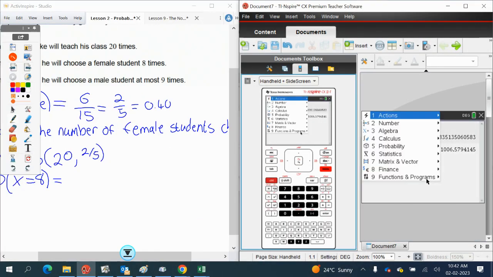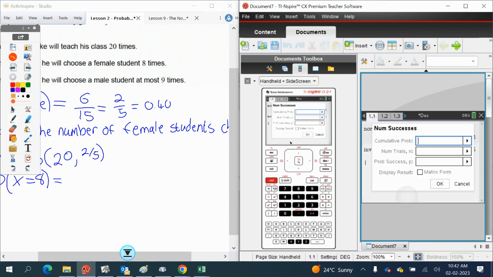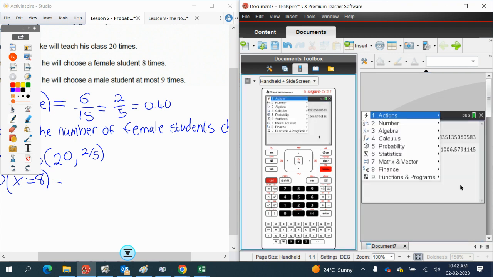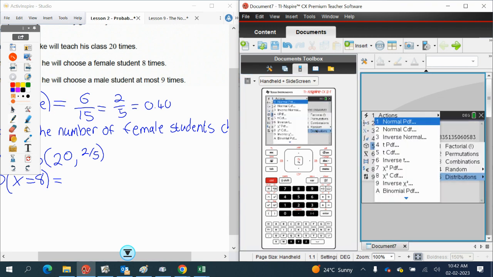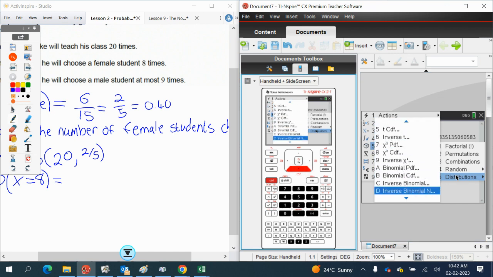We want menu, probability distributions, and then we've got 2 distributions here. We are going to either use A, binomial PDF, or we're going to use B, binomial CDF.